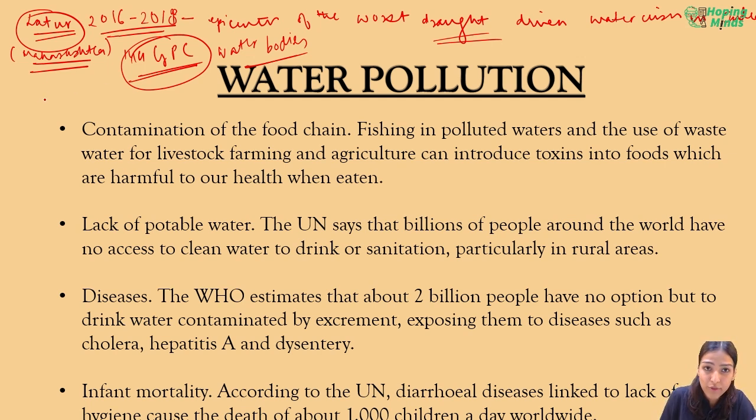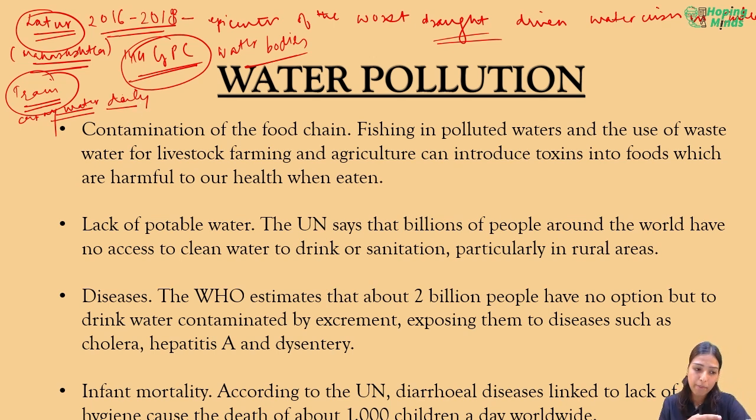Another fact that comes from 2016 Latur district is that there was a special train that was allotted to carry water daily from Miraj in Kolhapur to Latur, and this train made roughly 100 trips carrying just 2.5 million liters of water daily.